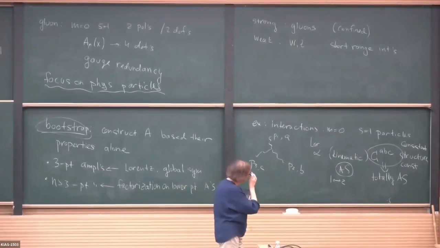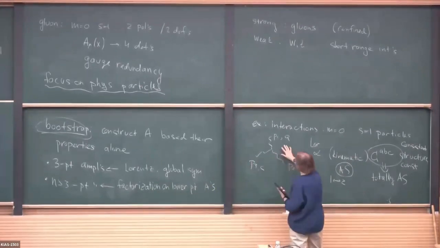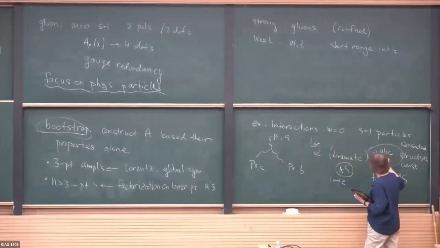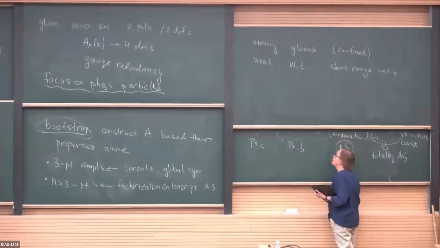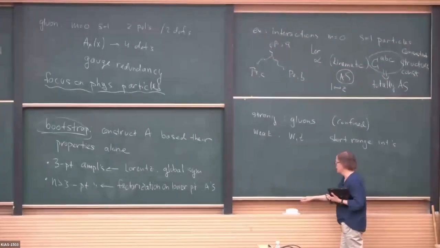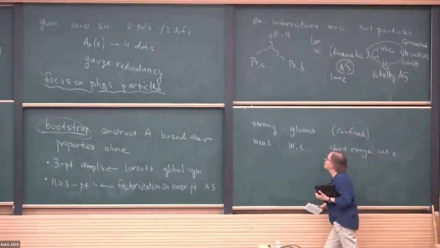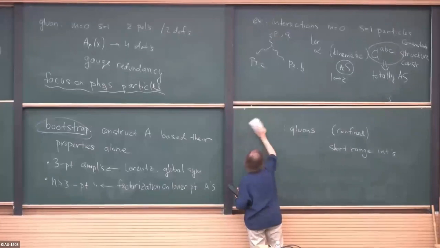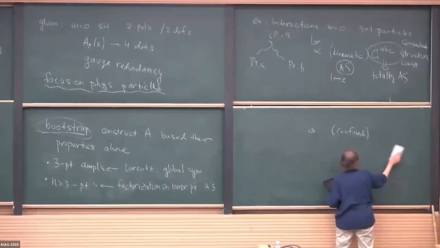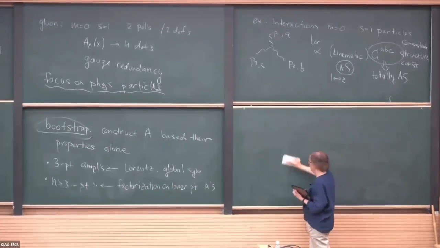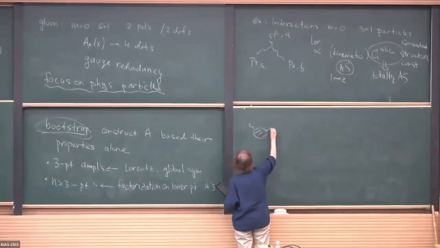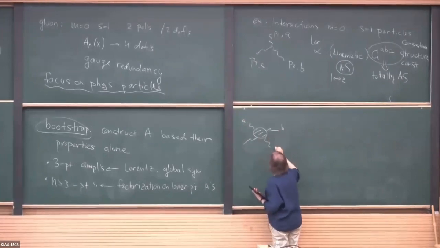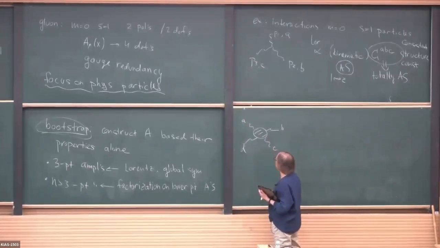Okay, so we look at the 3-point couplings and we see a structure that's totally anti-symmetric. So that's kind of promising. And now we go to the 4-point amplitude. So now this is some 4-point amplitude.